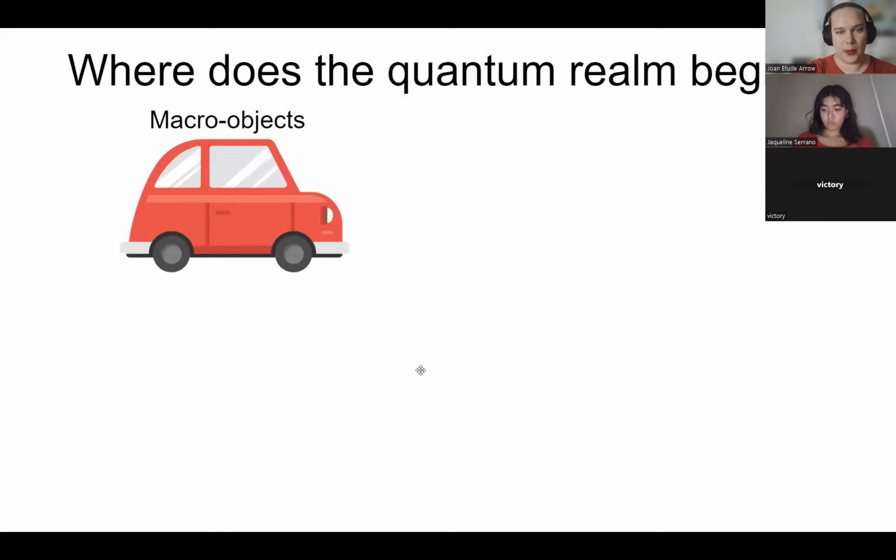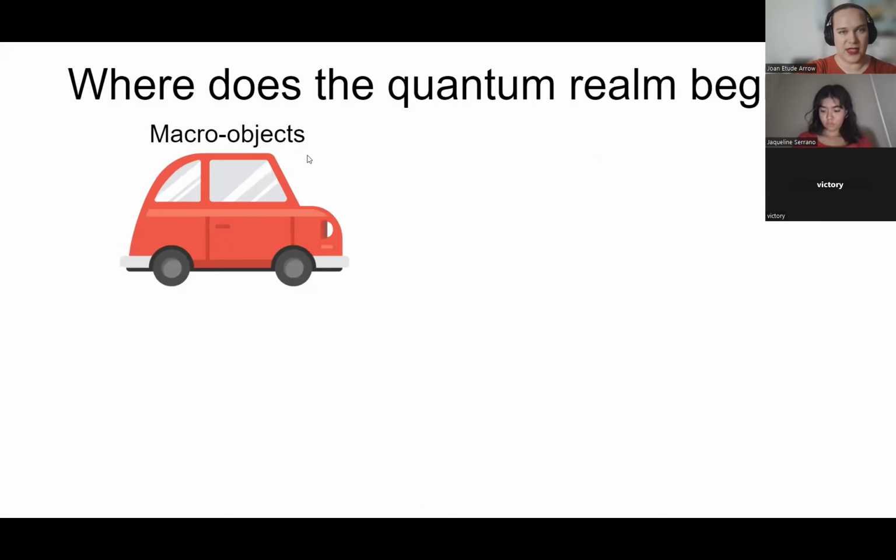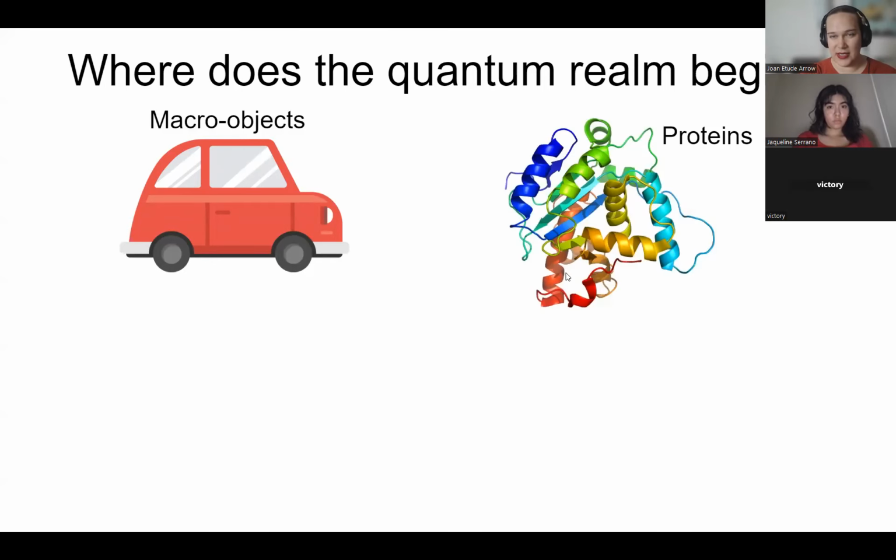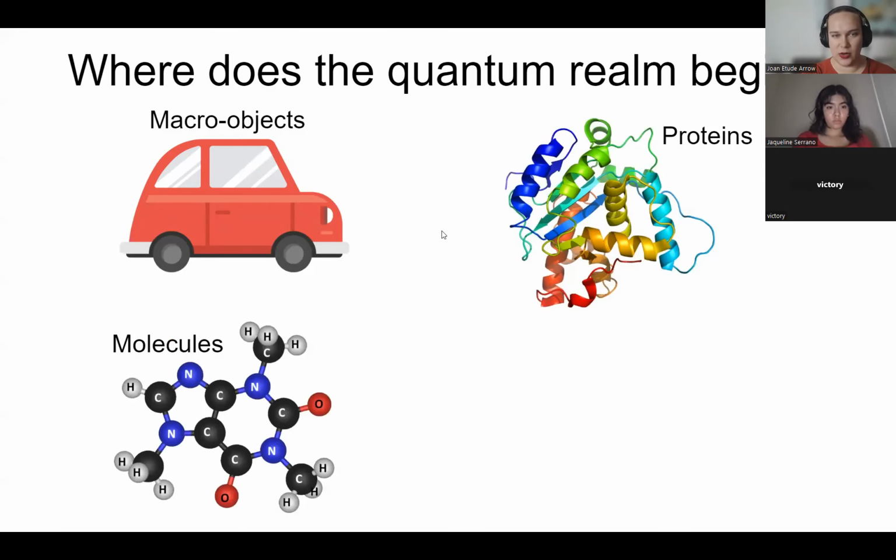So we've talked a little bit about how there's something special that goes on in the quantum realm. And the question is where do things start acting like quantum objects? You've got cars, which I think nobody is going to assume behave quantum mechanically, but the question might start to get blurry. Do you see quantum behavior at the level of proteins?